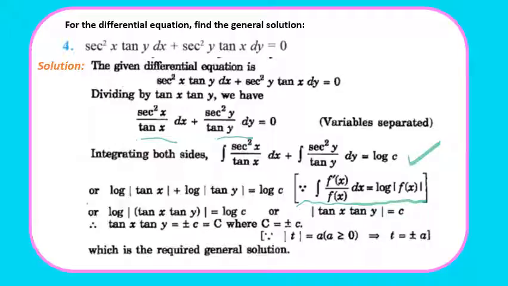So we are getting log of tan x into tan y equals log c, and then tan x tan y will be equal to plus minus c. We are using capital C for the plus minus c because the constant can be anything. So the general solution for the given differential equation is tan x tan y equals plus minus c, or c. Clear?